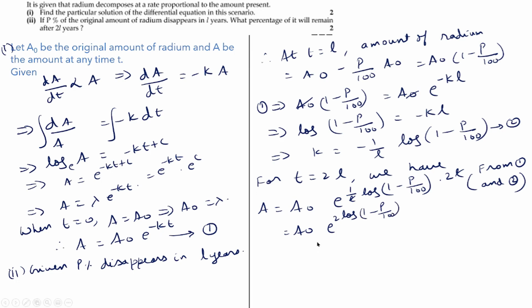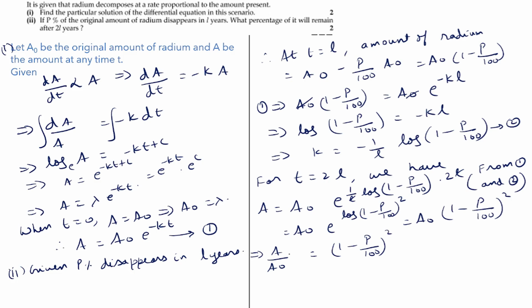Now e raised to 2 log 1 minus P by 100 will be e raised to log 1 minus P by 100 the whole square. E raised to log 1 minus P by 100 the whole square, here e and log will cancel. So we get A naught into 1 minus P by 100 the whole square. So we get A by A naught equal to 1 minus P by 100 the whole square.